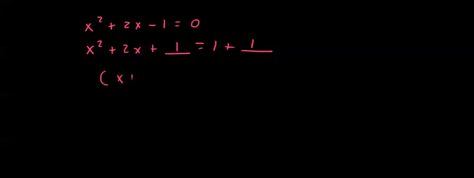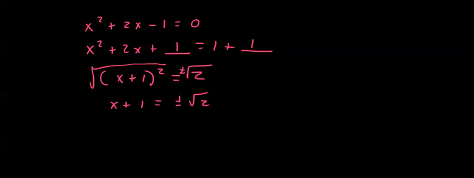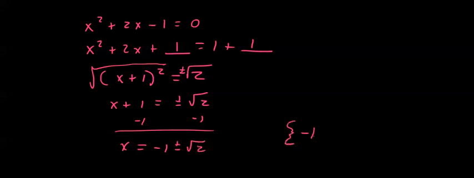Factor. Take the square root of both sides. Must have the plus minus. X plus 1 equals plus or minus square root of 2. Subtract 1. X equals negative 1 plus or minus the square root of 2. And we're done. That's it.